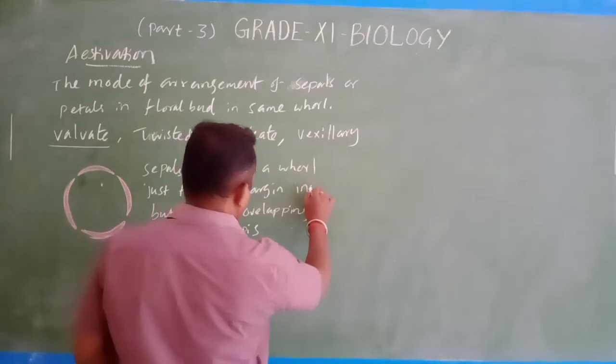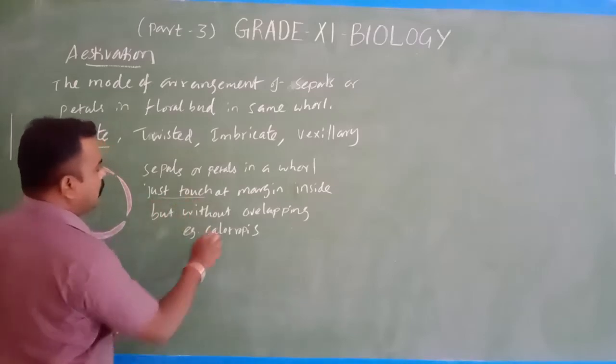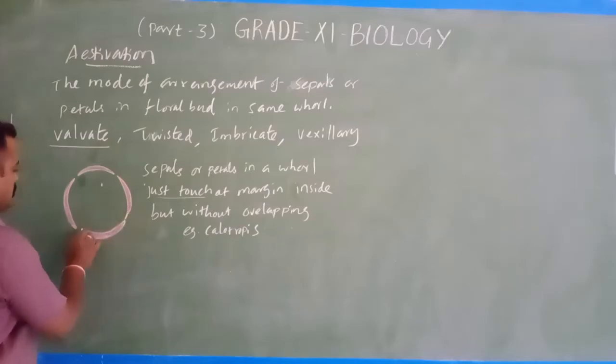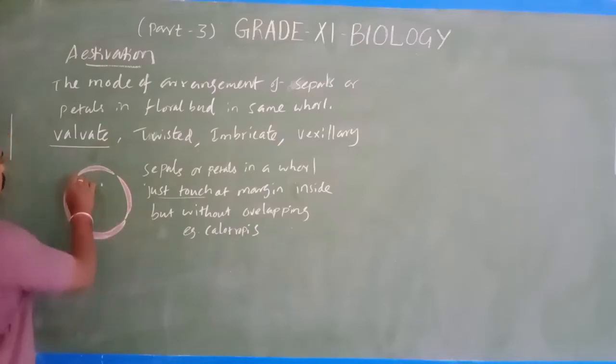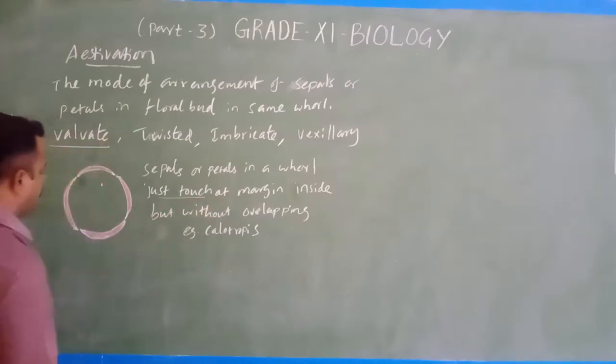Here you see in the valvate type, sepals or petals in a whorl. This is one whorl. Sepals or petals, whatever it may be, just touch at the margin. Just touching inside, but without overlapping.